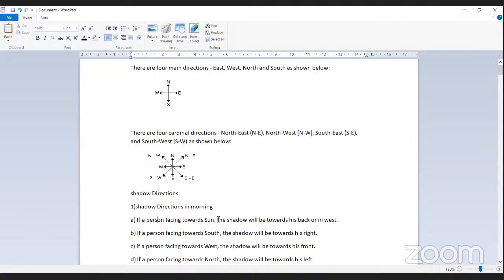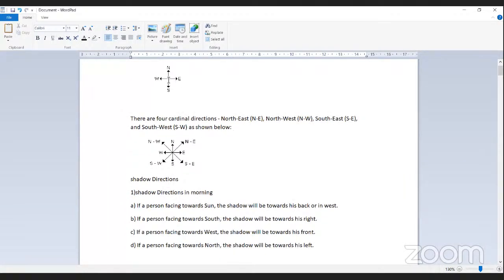So if a person is facing the sun, that means they're facing east, obviously, in the morning. This is for the morning only. So they're facing east, and obviously their shadow will fall behind them in the morning. So if they're facing east, the shadow will be behind, so it will be towards the west. Understanding? Yes, ma'am.